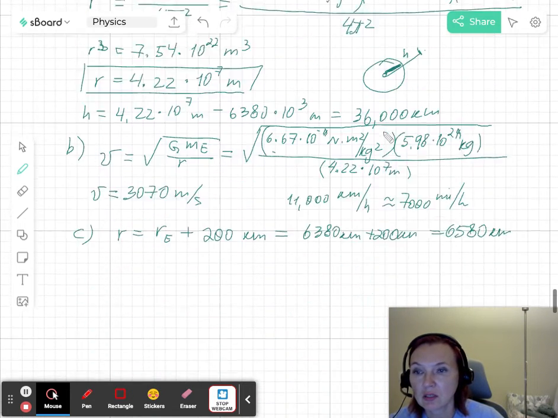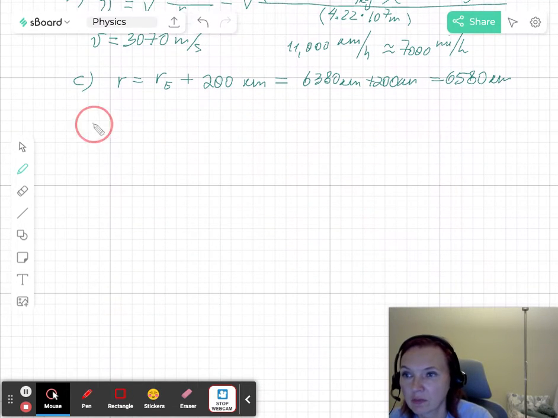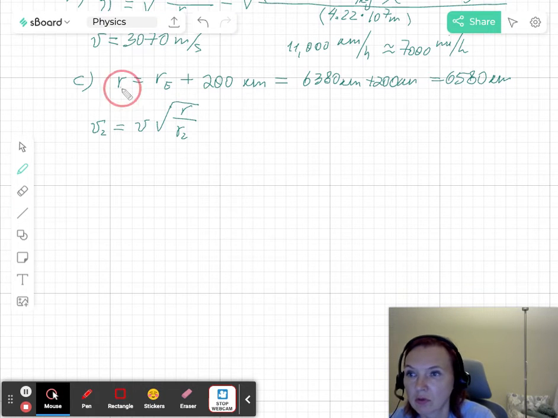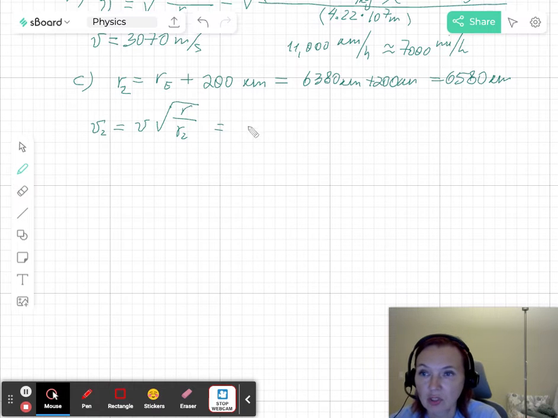And the coefficient here is G times m e, that doesn't change. So what we can say is that the second velocity is going to be the same as what we just found, times square root of r over the second radius, the one that we found. I'm going to call it r2. All right, and then we just plug in what we got.